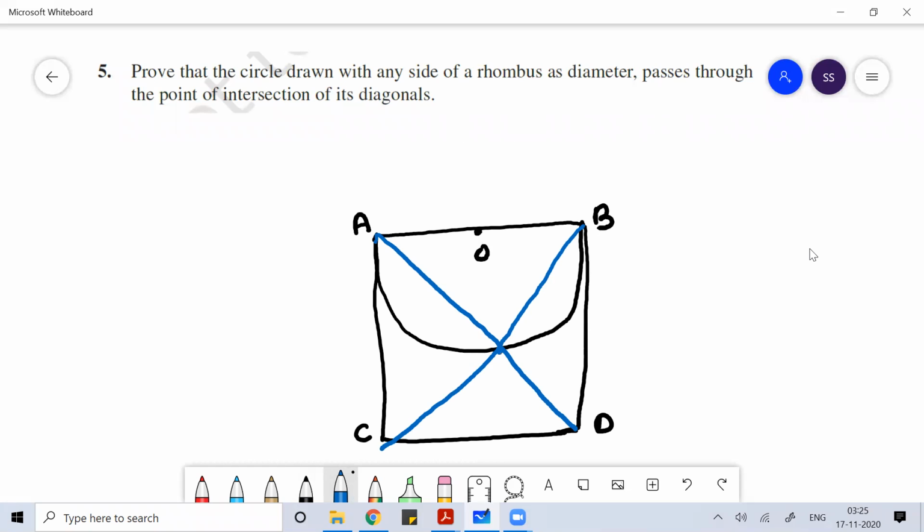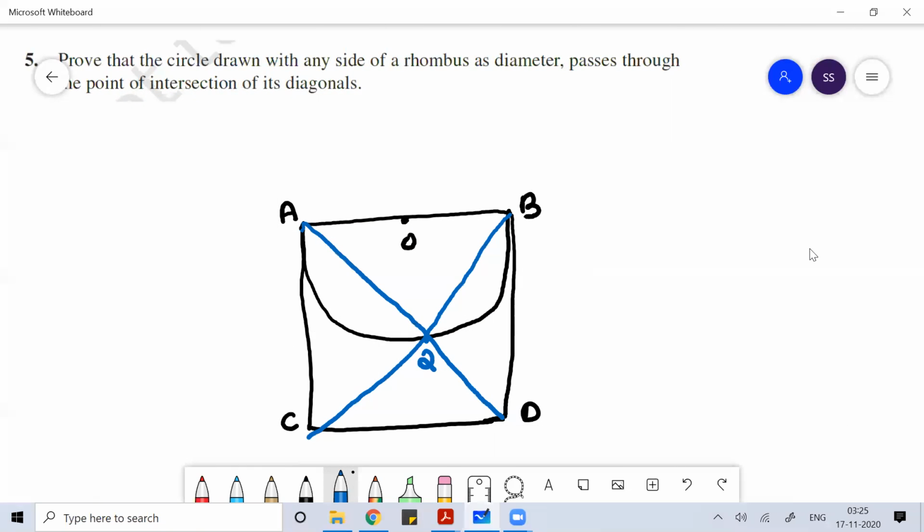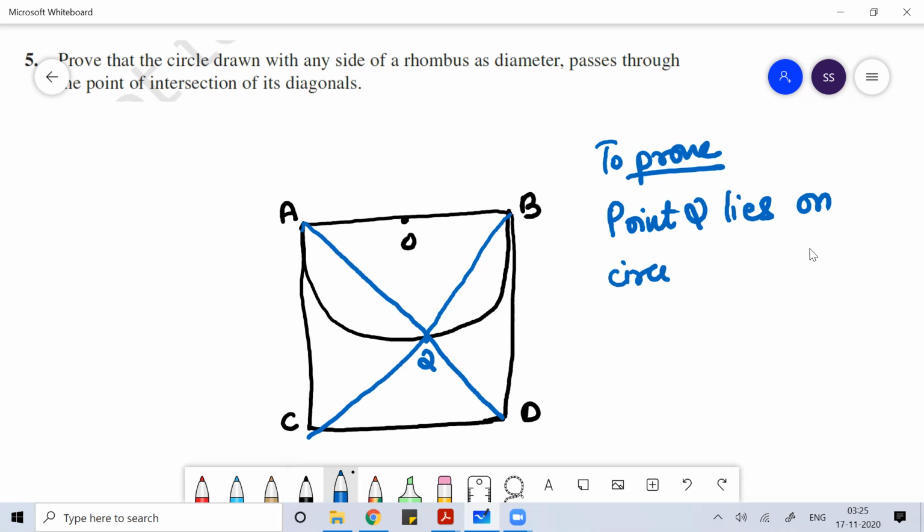So you have to find this Q. You have to prove that the point Q lies on the circumference of the circle.